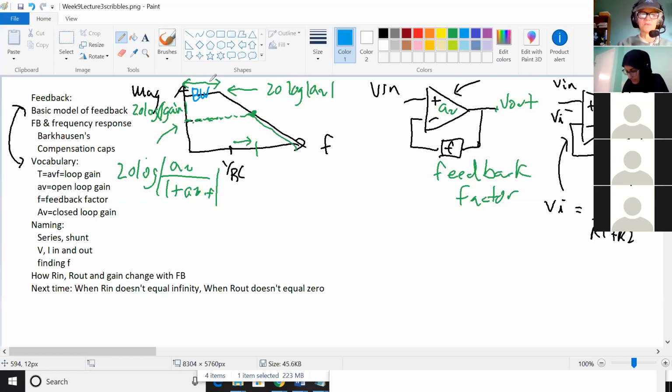The flat part up top, I really should have left some space up top. From here to here, you'd say that is the bandwidth of your underlying op-amp. That's the range of frequencies where you have a constant gain. Is that okay? I thought bandwidth is to the -3 dB point. Or is that different? Yeah, I'm kind of sketching it here. Oh, okay.